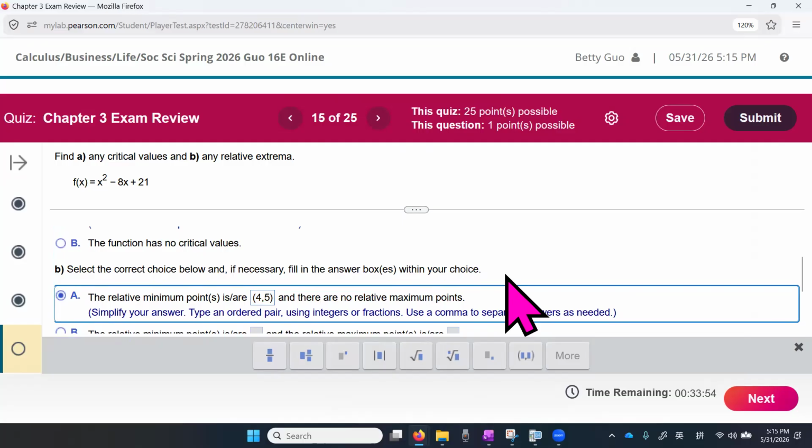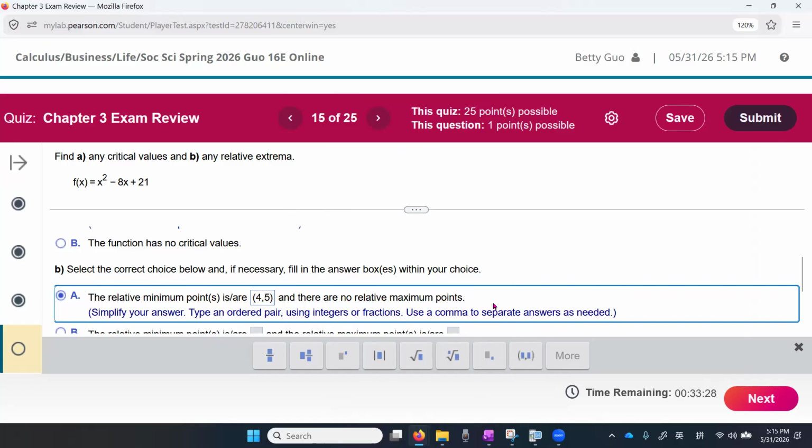Let me double check. x equals 4. 4 squared is 16. 16 minus 32 is negative 16. Negative 16 plus 21 is 21 minus 16, which is 5.